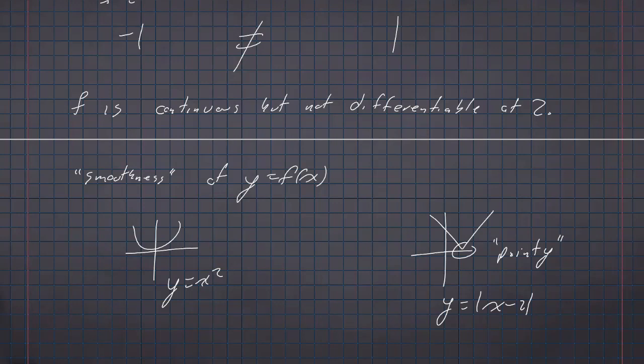When the graph is pointy, it is not differentiable. When the graph is smooth, it is differentiable. Or better, as we put it in analytic geometry, we look for differentiability to show where the graph is smooth. By identifying the points where a function is not differentiable, we will identify the points on the graph that are not smooth.